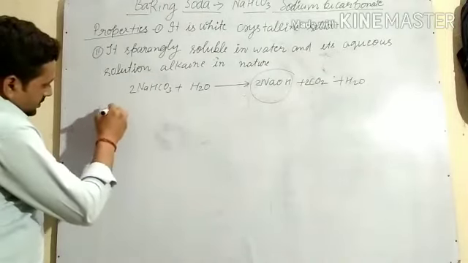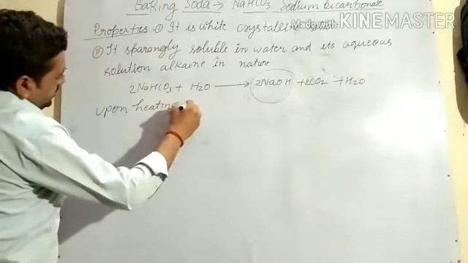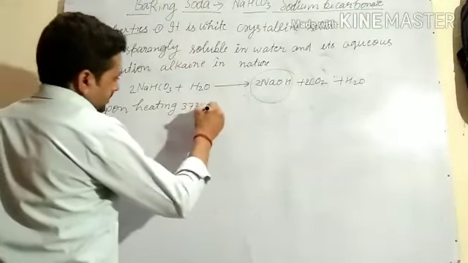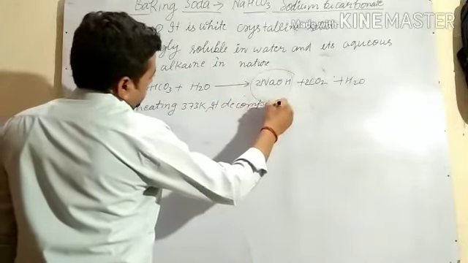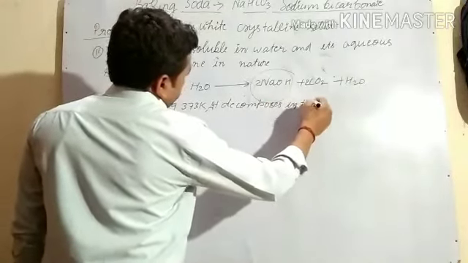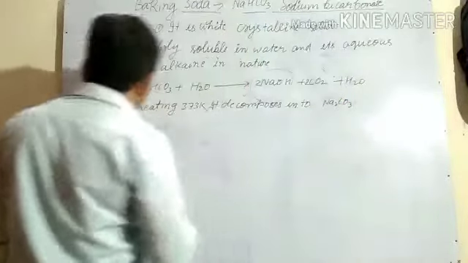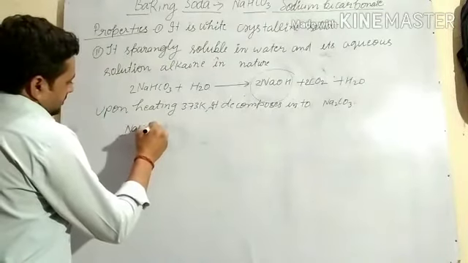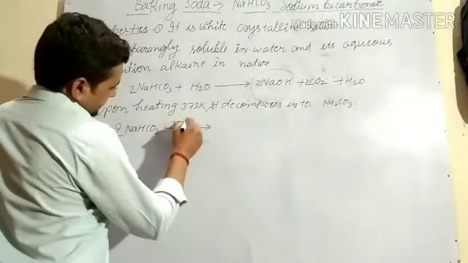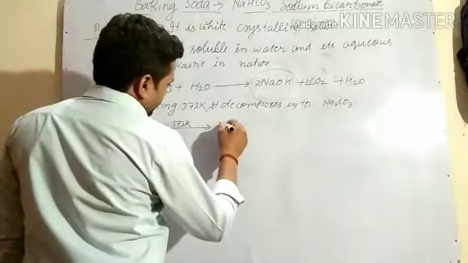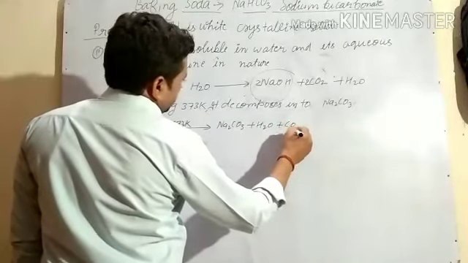Upon heating at 373 Kelvin, NaHCO3 decomposes into sodium carbonate, Na2CO3, plus H2O plus CO2.